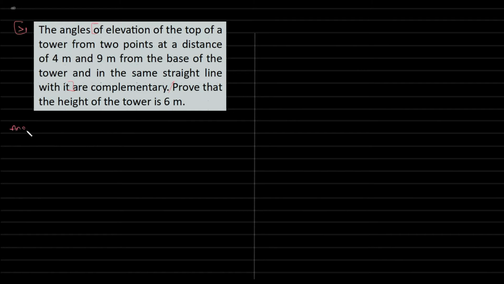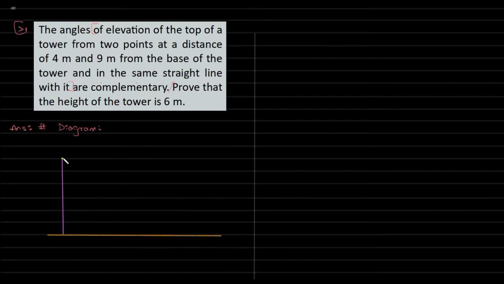So the whole chapter I told you the trick here is the diagram. Draw the diagram and then think about it. The very first thing in a diagram is your base, on which we stand. On that we build a tower, right? So let us read the question again. The angle of elevation of the top of a tower.